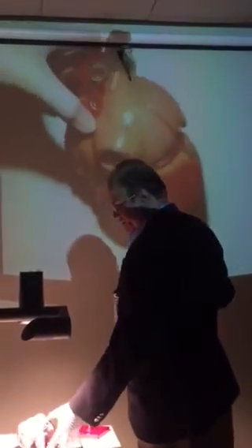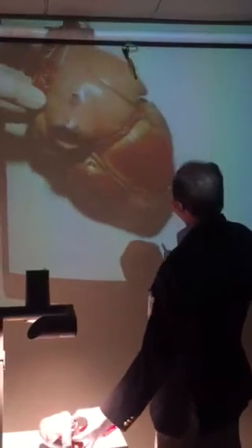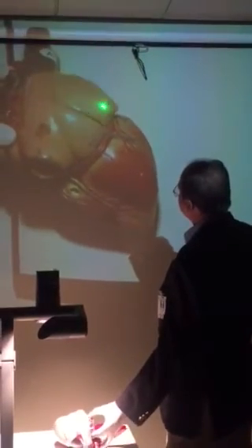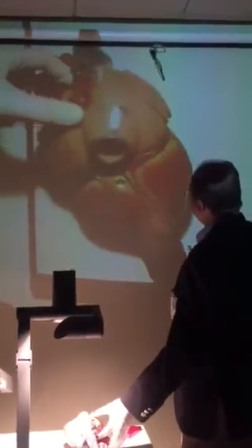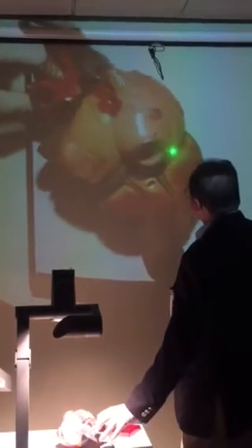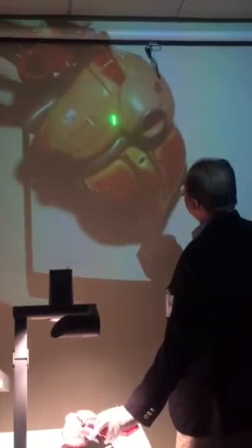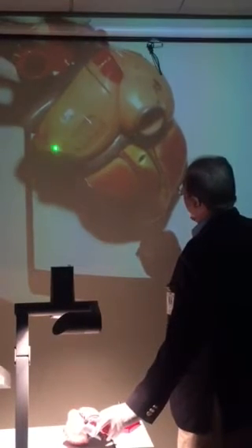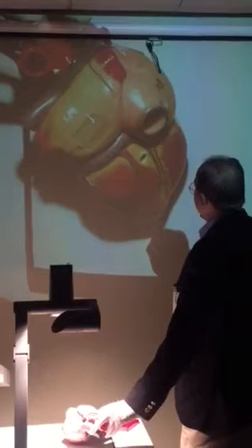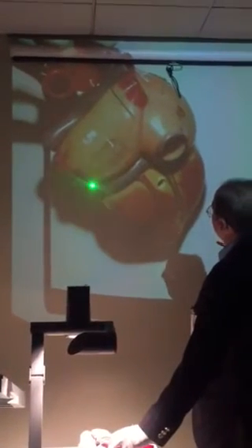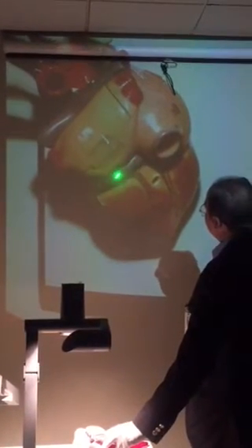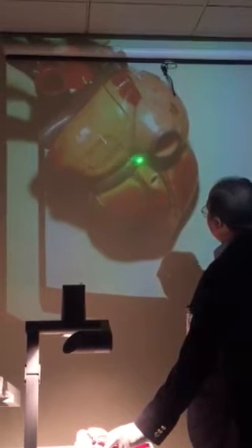So this is inferior vena cava, this is the superior vena cava, this is your right atrium, right auricle, and posteriorly this is the coronary sulcus at the back, and this is the left atrium with 4 pulmonary veins here. You agree with me? Yes. And the great cardiac vein continues here to form the coronary sinus.